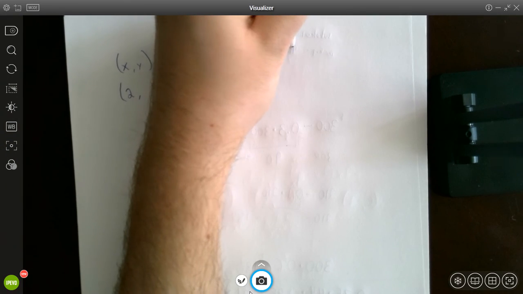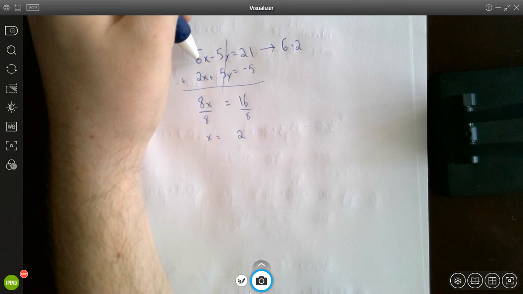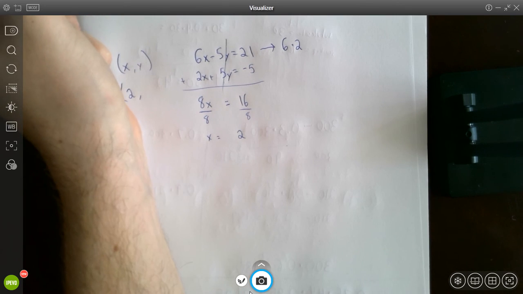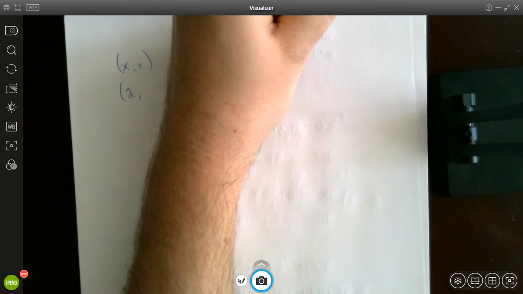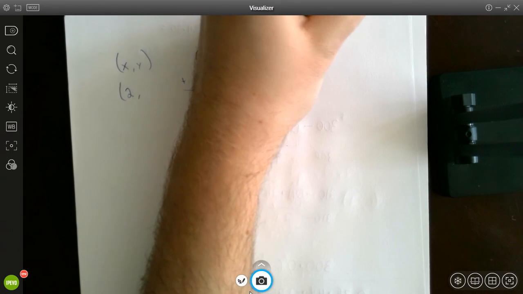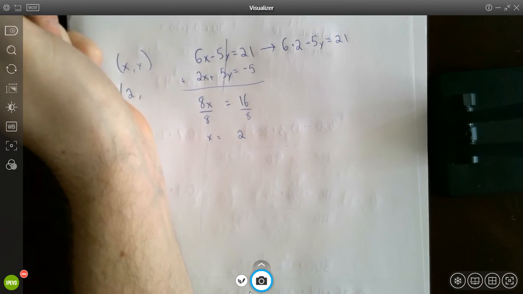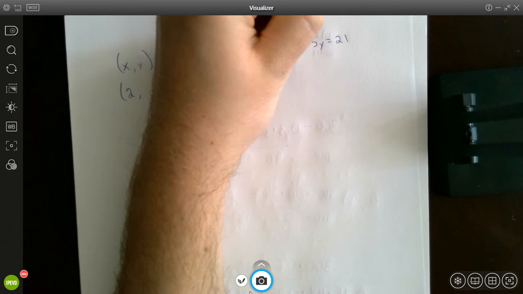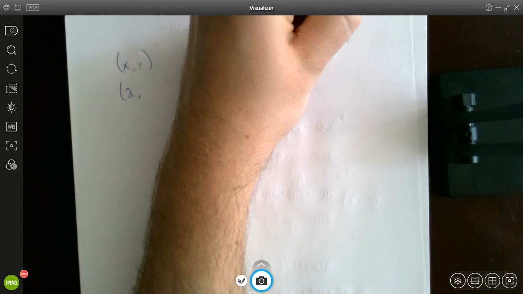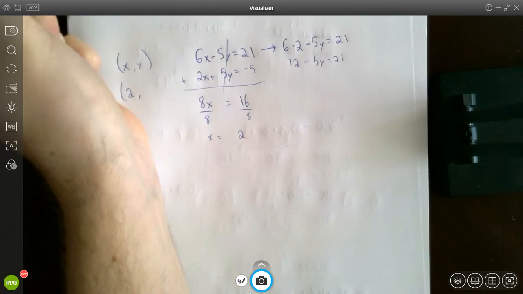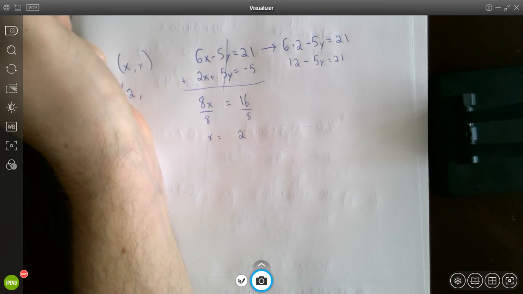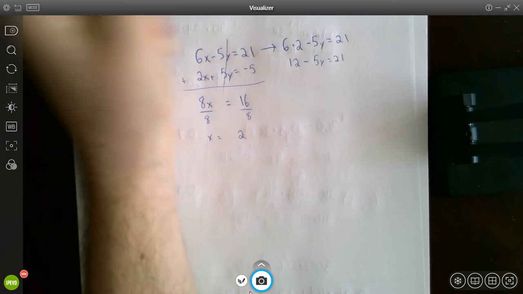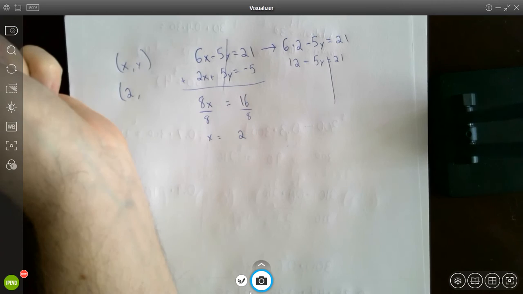So we have 6 times 2, because remember, if there's no symbol in between, it means that we're multiplying, minus 5y equals 21. Well, 6 times 2 is 12, minus 5y equals 21. We may get a whole number, we may not. That's okay either way, but we can solve this algebraically now.